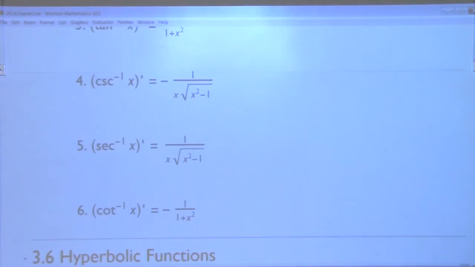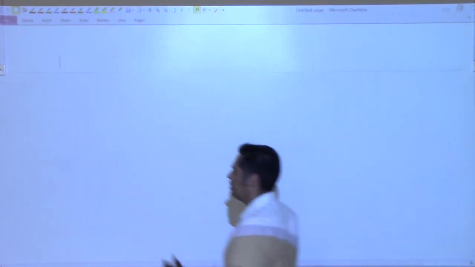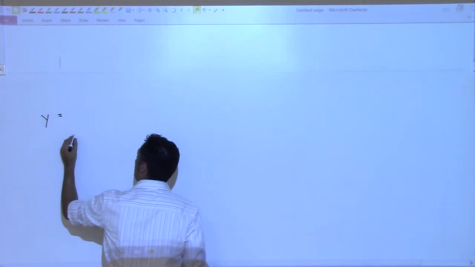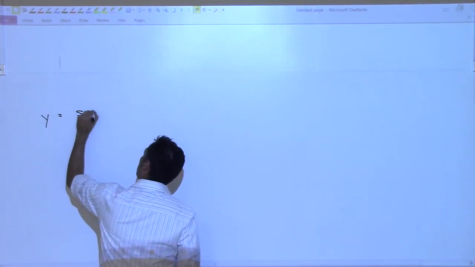Understand? Okay, now let's do some examples, because now that we have a formula, this means that everything we've learned is in play. Chain rule, product rule, all that can now happen with these. So we'll start with something simple.